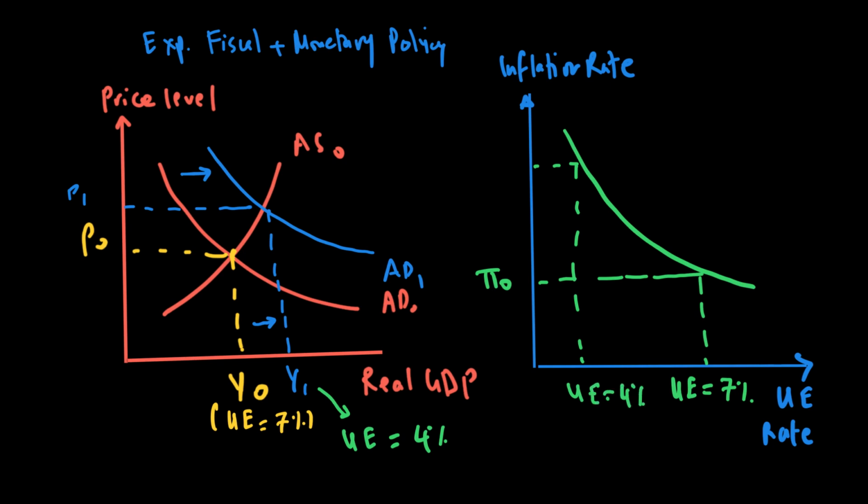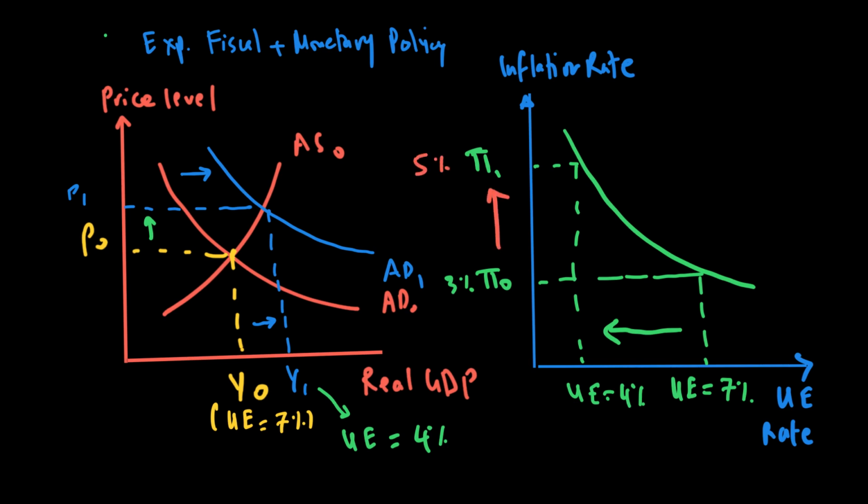What we try to say is that the unemployment rate went down because the AD went up, but at the same time the price level went up from P0 to P1, which means inflation went up as well, for example, from 3% to 5%. I'm just randomly coming up with the numbers.